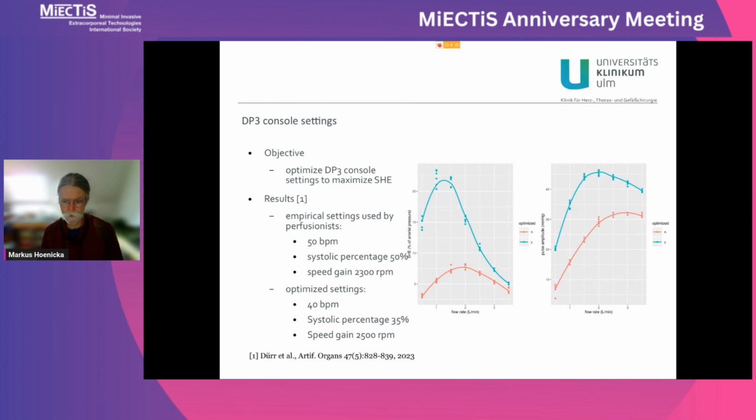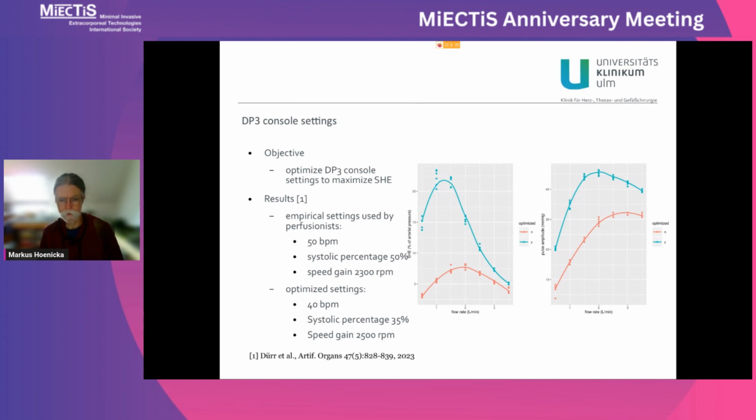And this gives the red curves in the images on the right. We made a sort of grid optimization and ended up with a lower frequency at 40 BPM, 35% systolic percentage, and the maximum possible speed gain. And you can see the blue curves, they're a lot higher, although the main difference is again at 1.5 liters per minute.